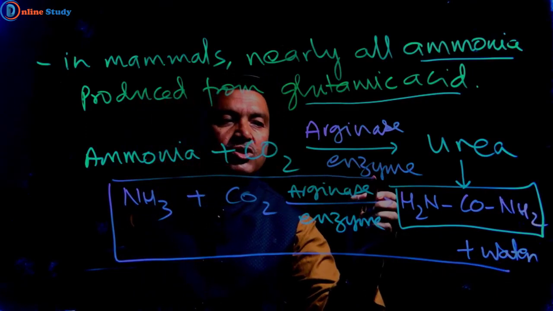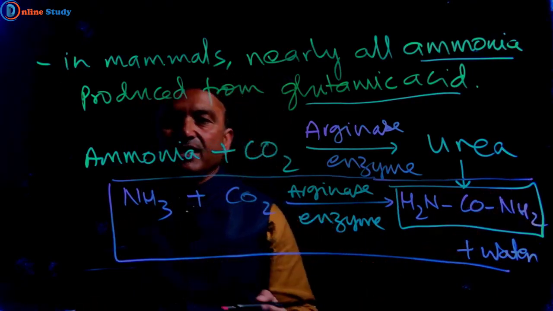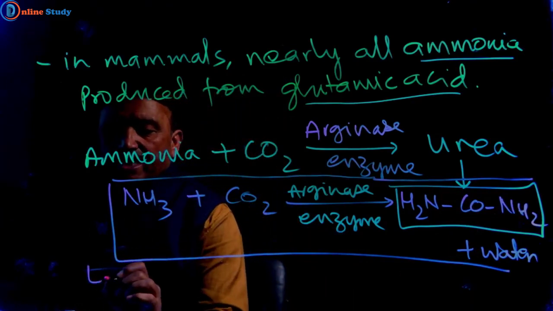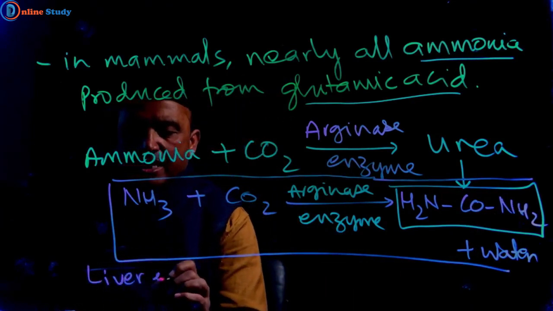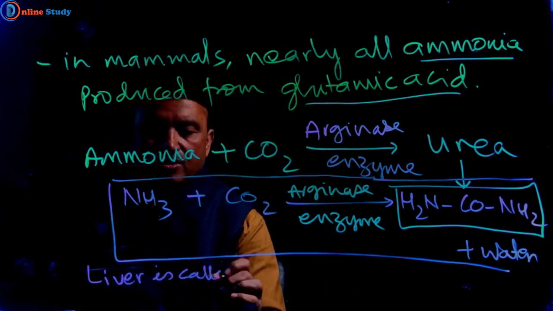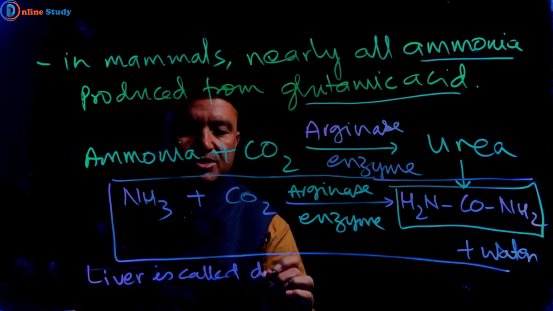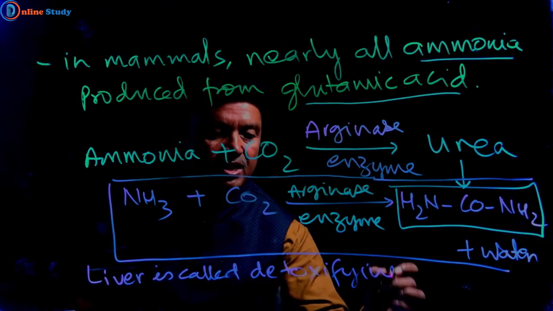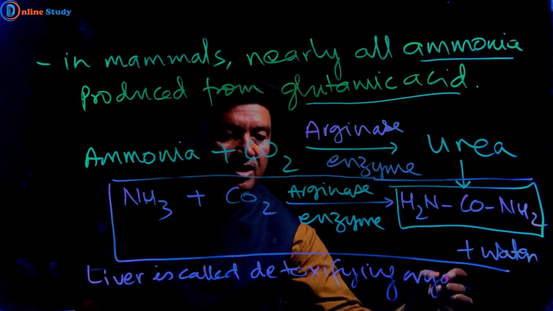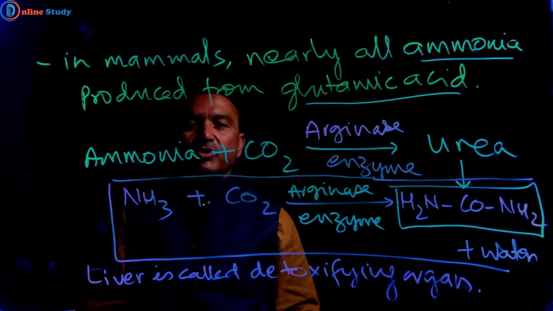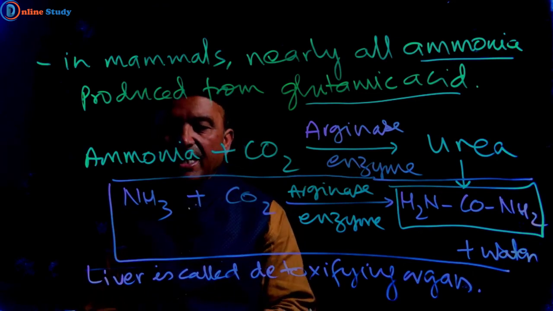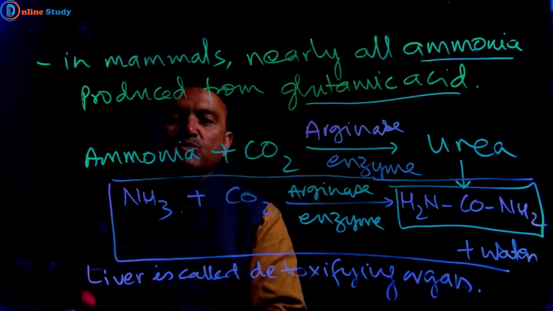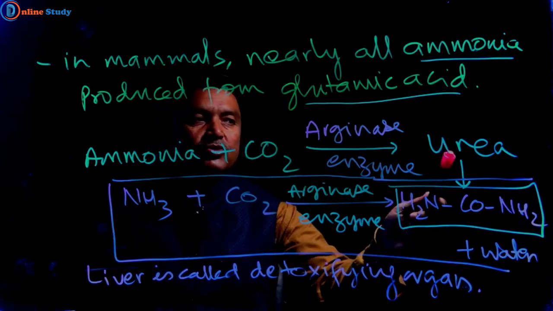So liver is called detoxifying organ. We have already discussed that ammonia is 100,000 times more toxic than urea.